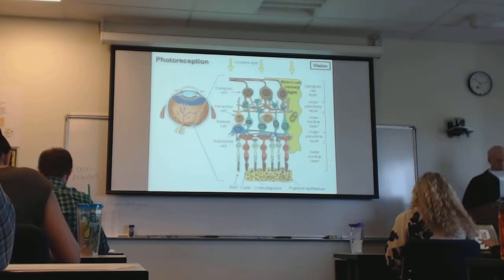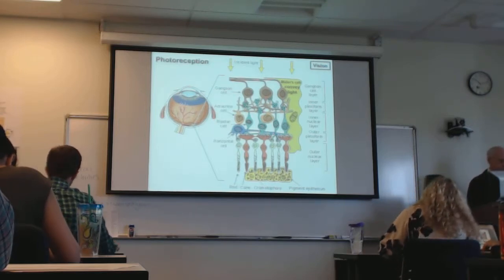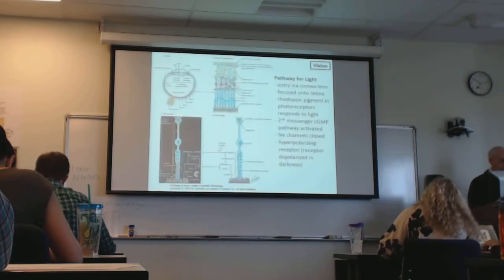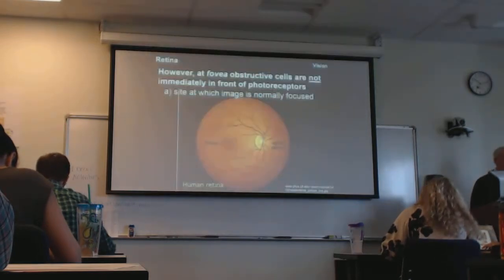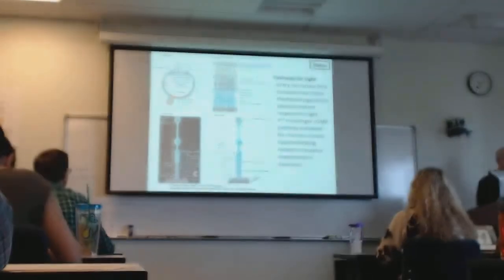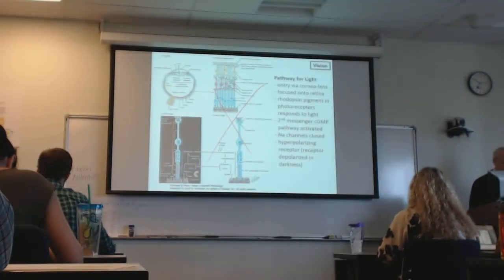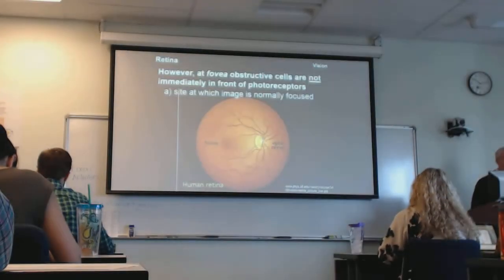A fellow came up with this theory about 12 years ago, I guess, because otherwise we don't have a very good explanation. But I'm going to come back. This isn't such a great illustration, so I'm going to come back and talk about phototransduction in just a moment.